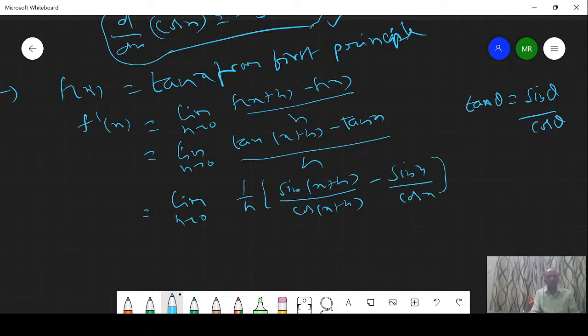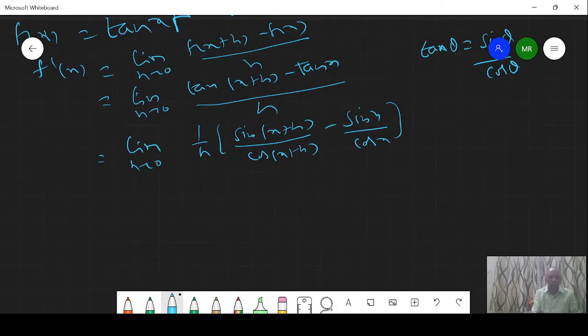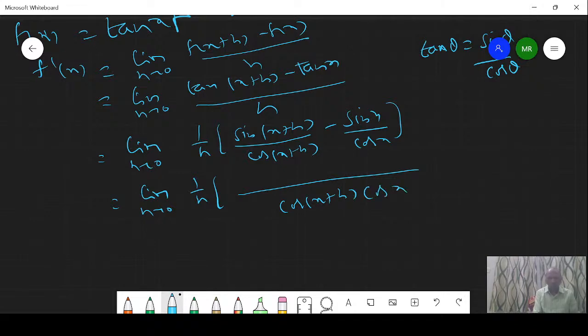Now you take LCM: 1 by cos of (x plus h) into cos x, so this becomes sin of (x plus h) into cos x minus cos of (x plus h) into sin x.